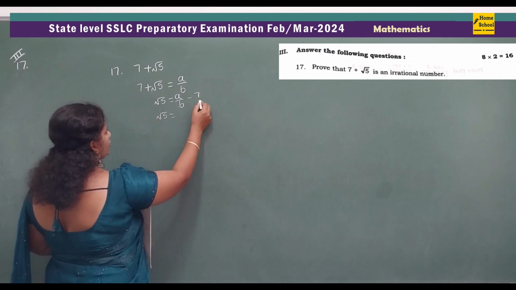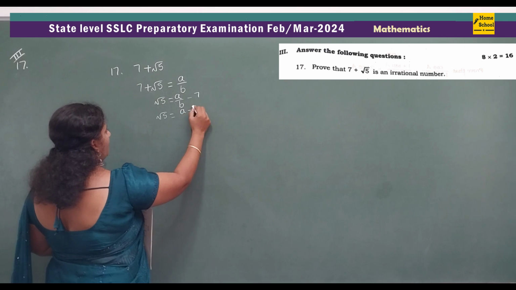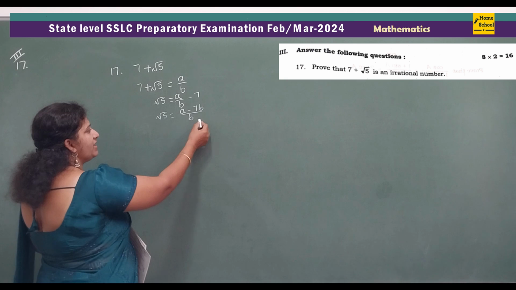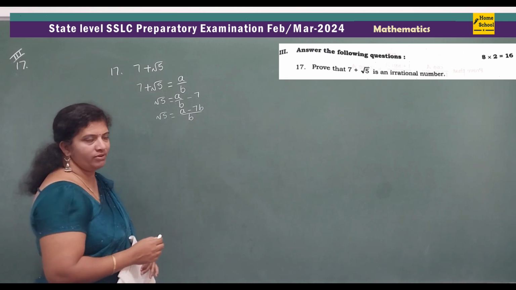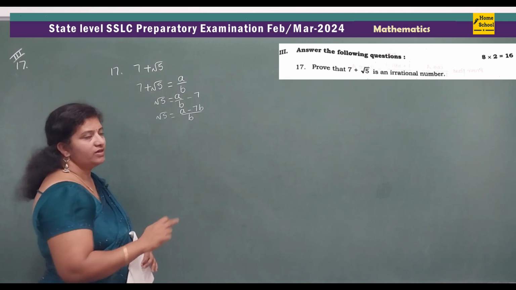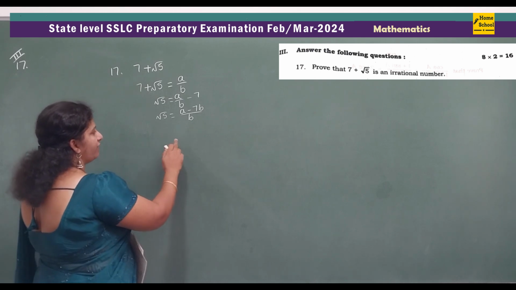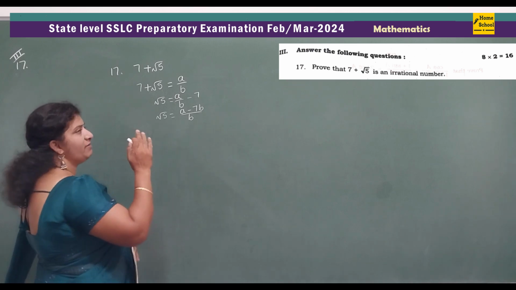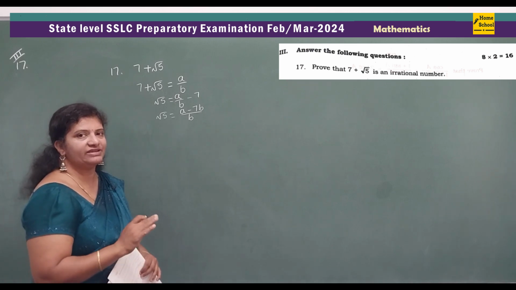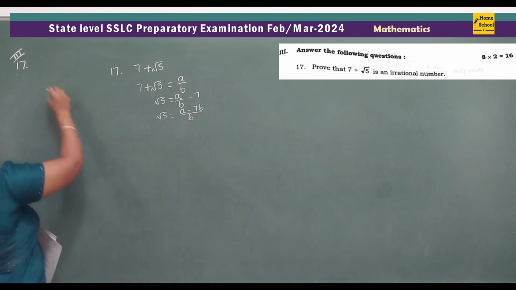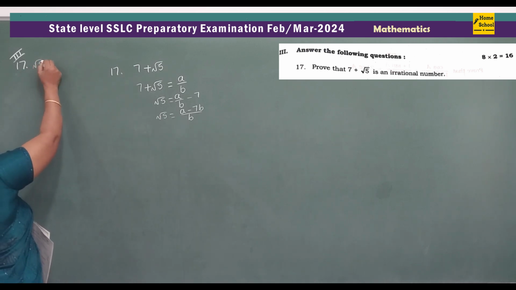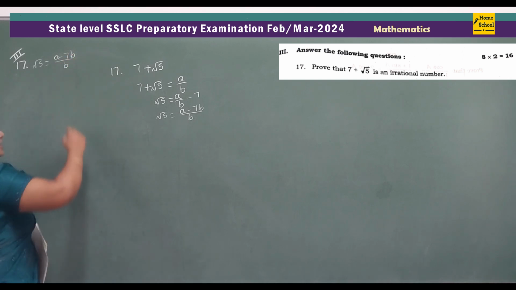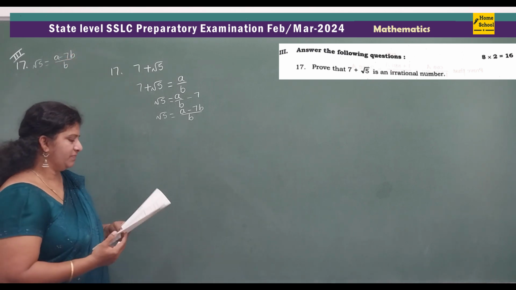Root 5 is equal to, do LCM, A minus 7B by B. A minus 7B by B is a rational number, root 5 is an irrational number. These both cannot be equated, therefore finally my assumption is wrong and 7 plus root 5 is an irrational number. So let me write shortcut of your answer here. Statements I am not writing there. Root 5 is equal to A minus 7B by B.